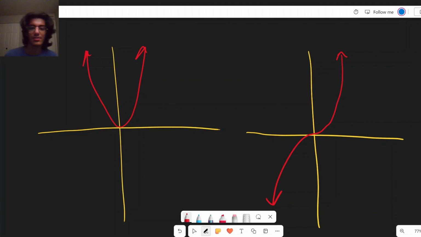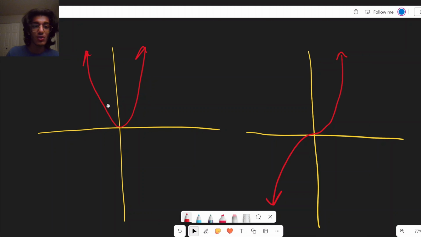Right here, let's talk about odd and even functions. Odd and even functions, in terms of looking at it from a graph, are super easy. All you have to do is look at the function, and if it's even, the function can fold in on itself and it'll be symmetrical about the y-axis, okay?